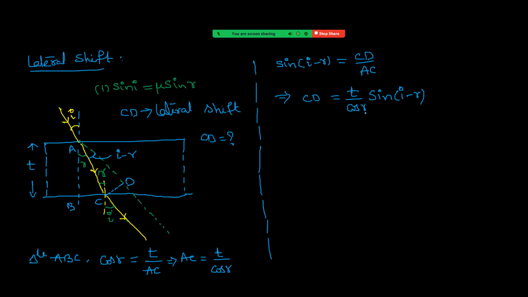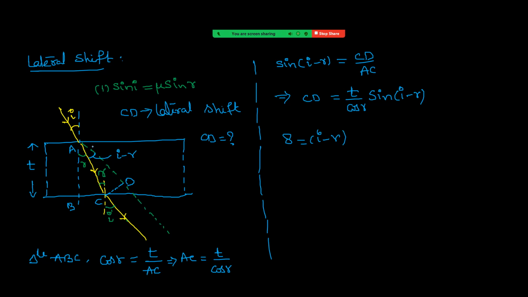So in this, T by cos R is the distance traveled by light in that slab. And we know I minus R, that is deviation, right? Inside the slab, deviation is equal to I minus R. And here the important point is when the emergent ray comes outside, if a question is asked like what is the deviation, deviation is zero, okay?